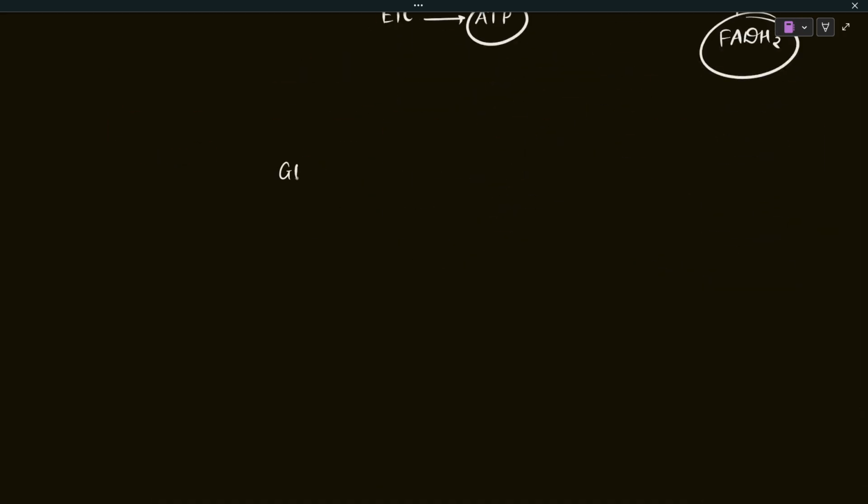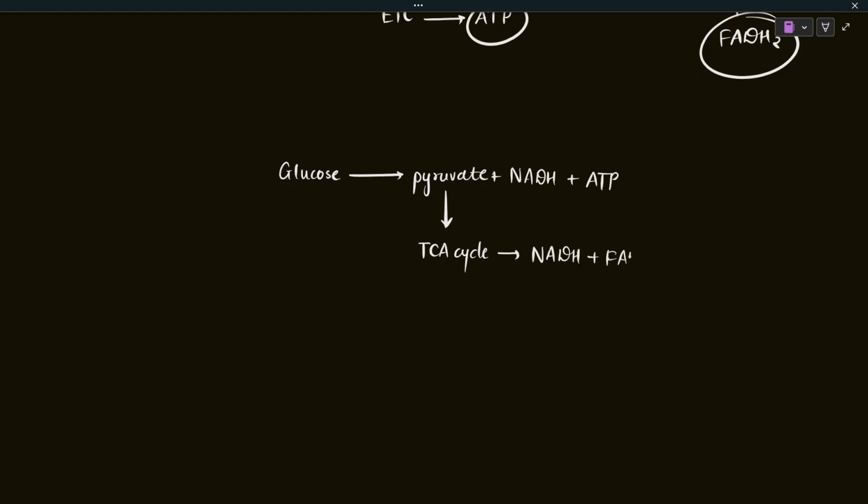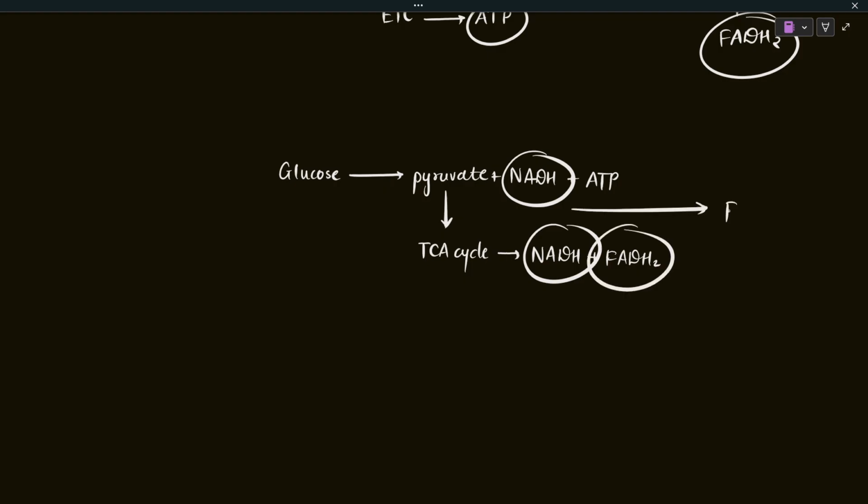Glucose is converted into pyruvic acid, plus some NADH and ATP. This pyruvate enters the TCA cycle to produce some NADH and FADH2. The NADH produced from the glycolysis pathway as well as the TCA cycle, all of them enter the electron transport chain to give out ATP.